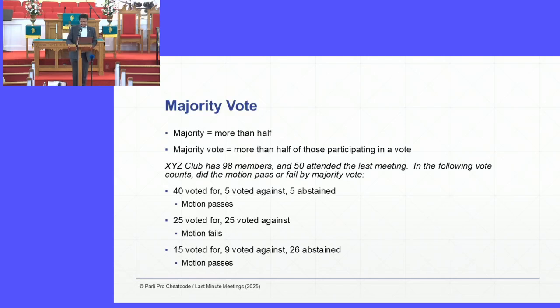The abstentions do not count towards getting a majority vote. They count towards quorum because they're present at the meeting, right? But they chose not to vote when they were at the meeting. So that is a key there: if you're not voting, you're letting everyone else make the decision for you instead of you participating in the decision-making process.